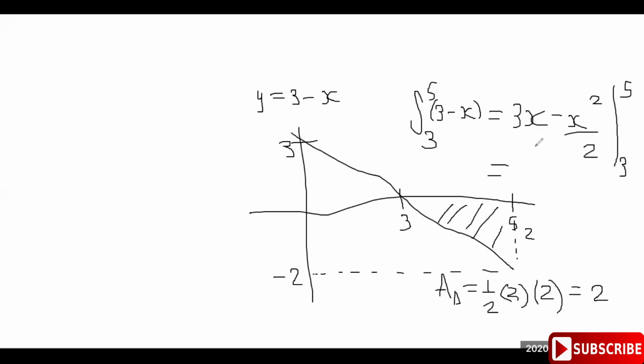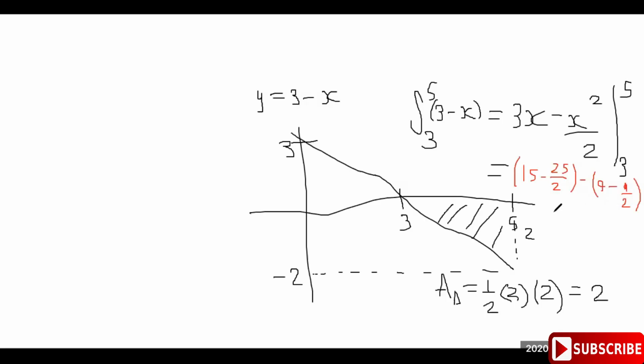What we're getting is 3 times 5 is 15 minus 5 squared is 25, so we get minus 25 over 2. Close bracket, minus, put in 3 now. We're getting 9 minus, plug in the 3, 3 squared is 9, 9 over 2.